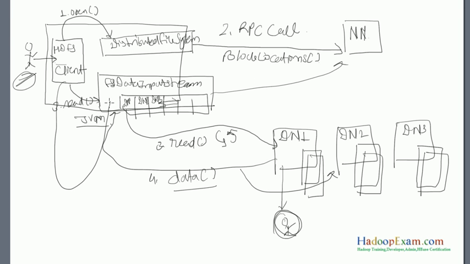So as a sixth step, you will call the close method on this FSDataInputStream. This is relatively less complex than writing a file, but this is what happens during reading the file.